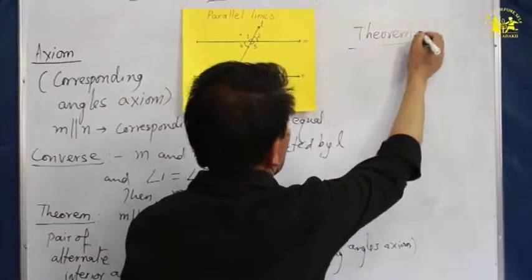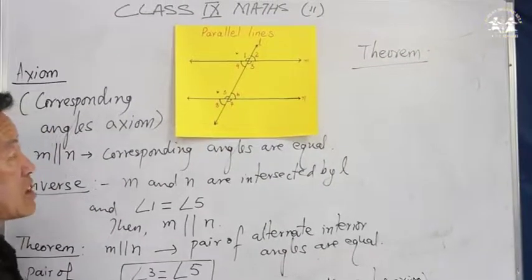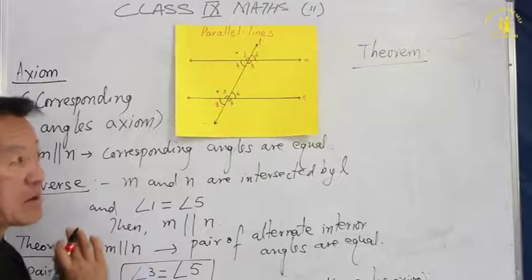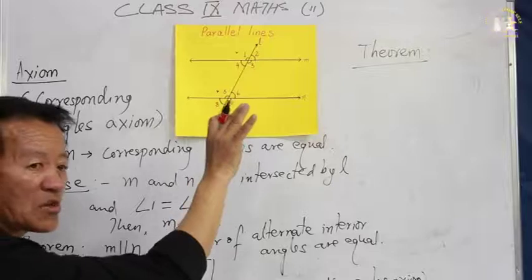And the third one is, as we discussed earlier, I directly stated that if two lines are parallel, then the sum of interior angles on the same side of the transversal will be supplementary.